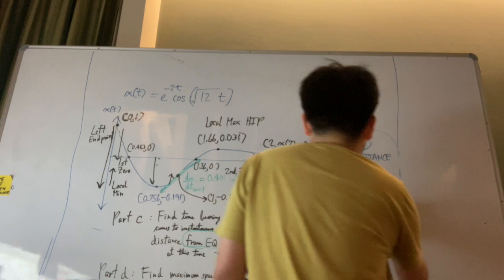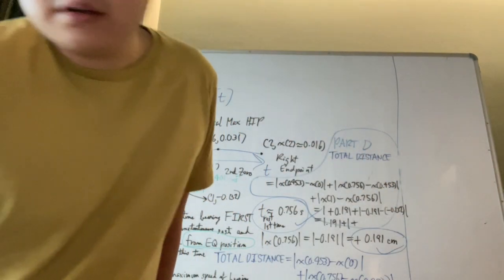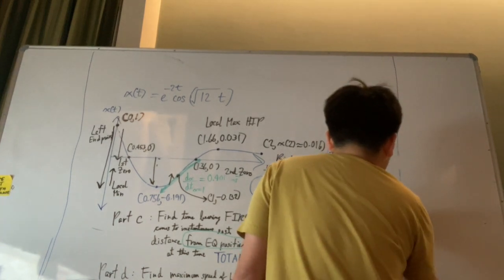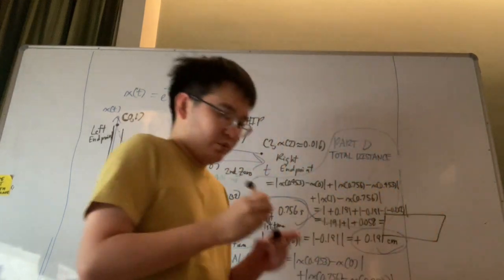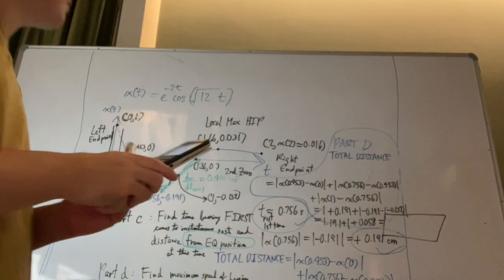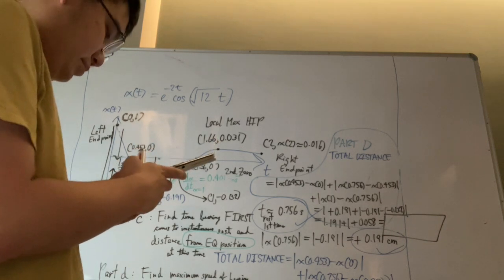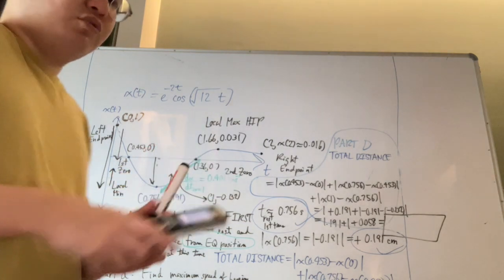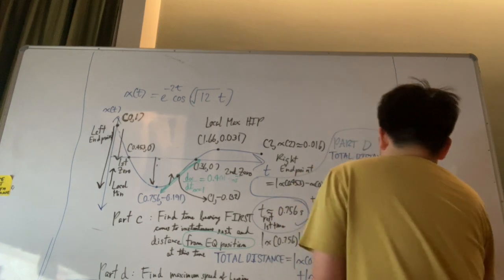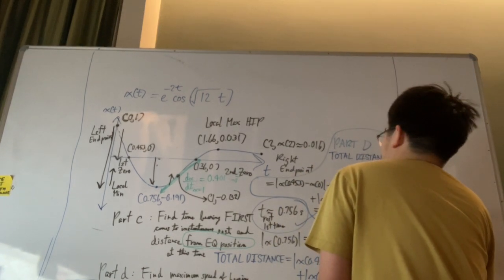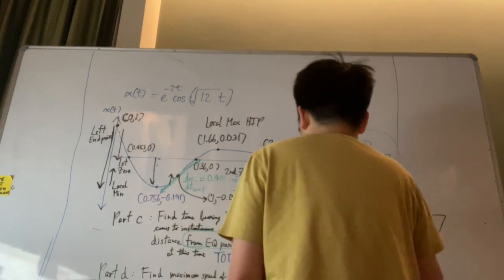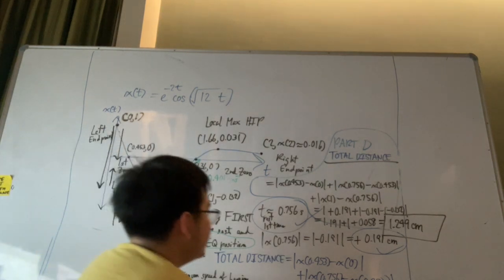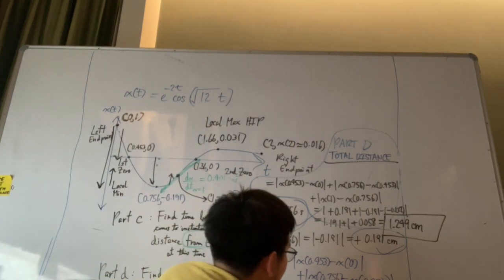So that's going to be plus 0.058. And then this gives us a giant result of 1.249. So that's if you want the total distance. But since it's from the equilibrium position, this suffices. So the easy method works here.